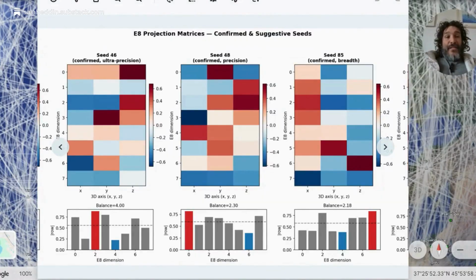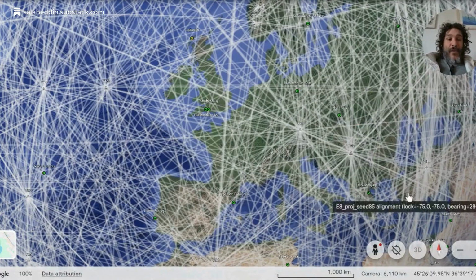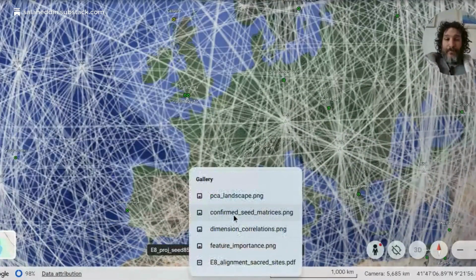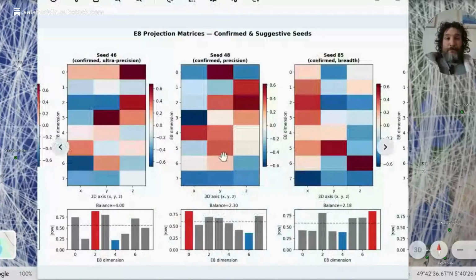It's like discovering that every song that sounds good in this room needs the bass up and the treble down. So the room, in our case the geometry of Earth's sacred sites, has a preference.